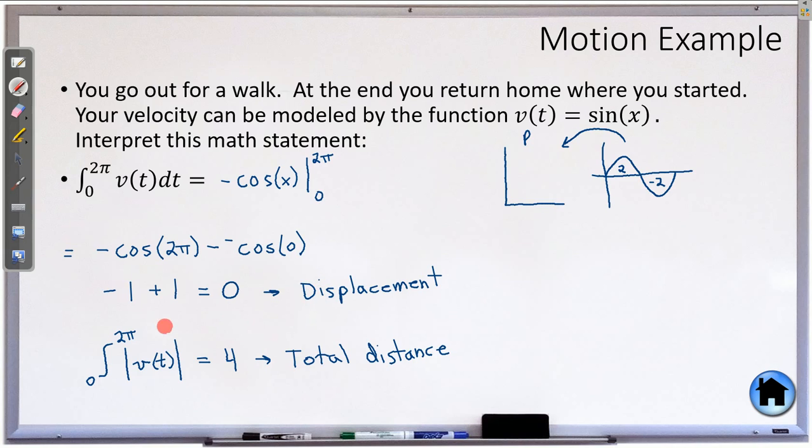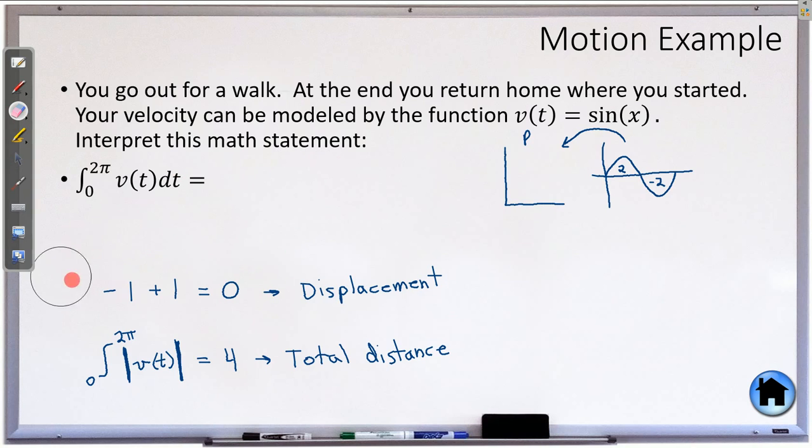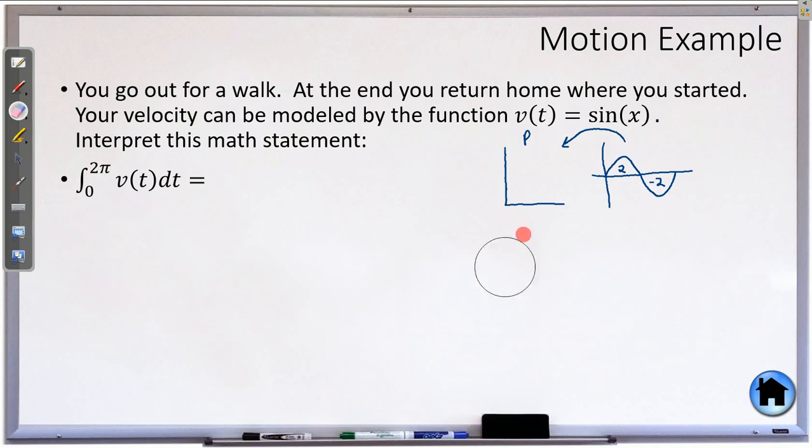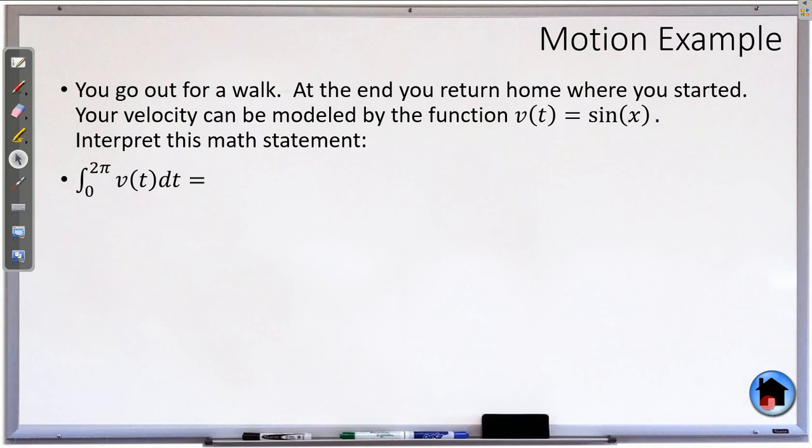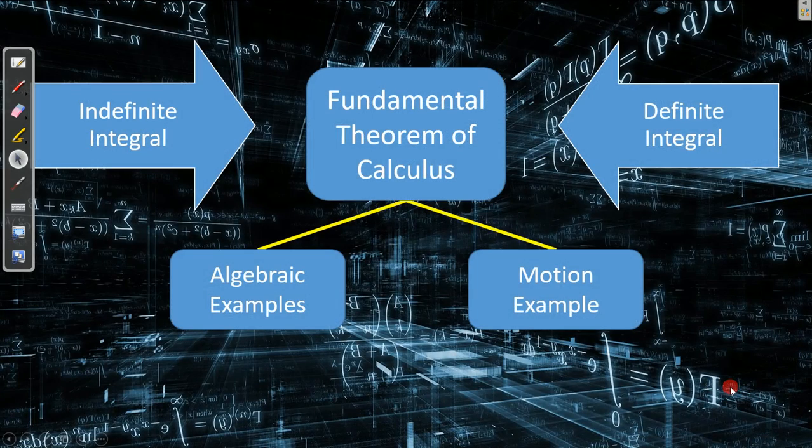If you want your total distance, you have to take all the negatives and make them positive, and that will give you how far you actually walked. But if you're using negatives, that tells you something called displacement. All right, the fundamental theorem of calculus. It is a powerful tool. Hopefully you can see it's not too hard to use, usually, but it can sometimes be hard to interpret.